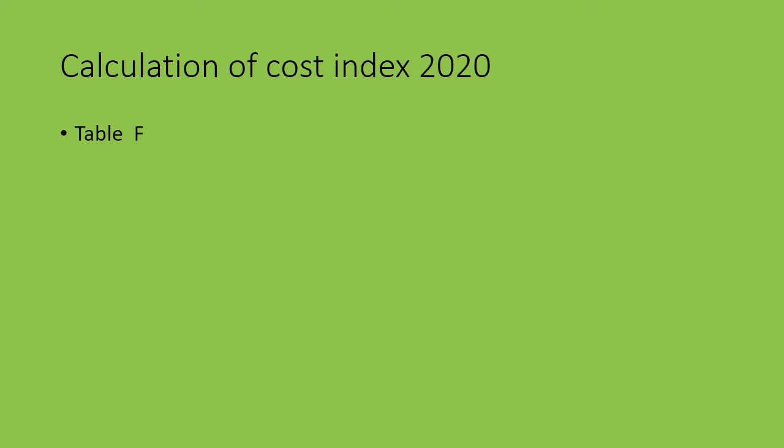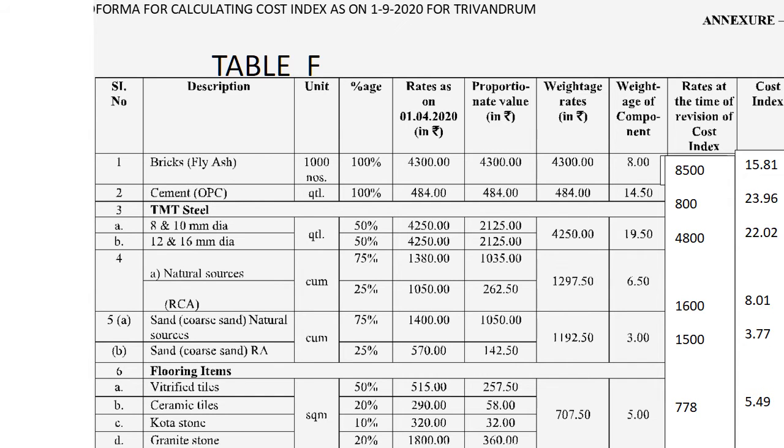Now, calculation of cost index 2020. It is in table F. This is the format given along with the CPWD plinth area rates.